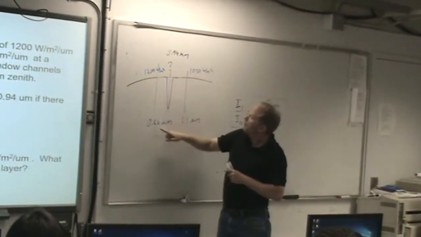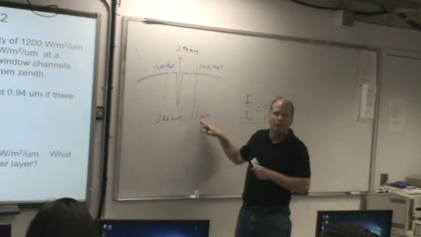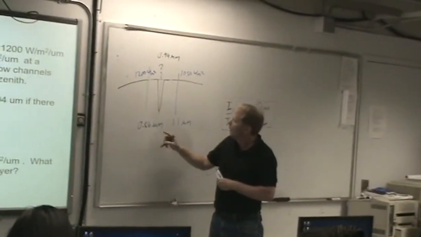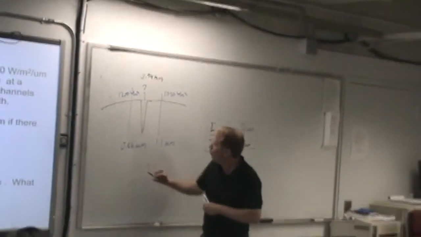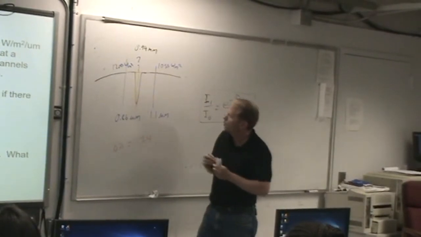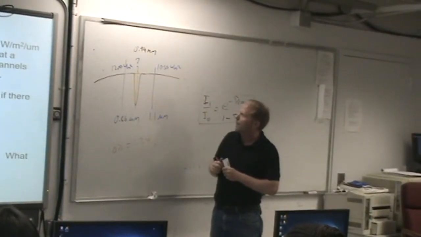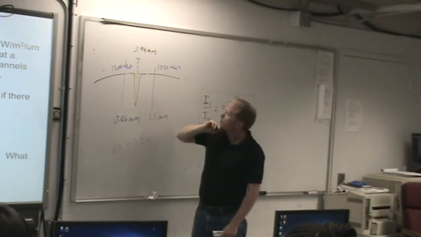0.94, okay, what's the difference between 0.86 and 1.1? 0.24. That is the delta of wavelength, 0.24, between these two columns. Where is 0.94 in there?